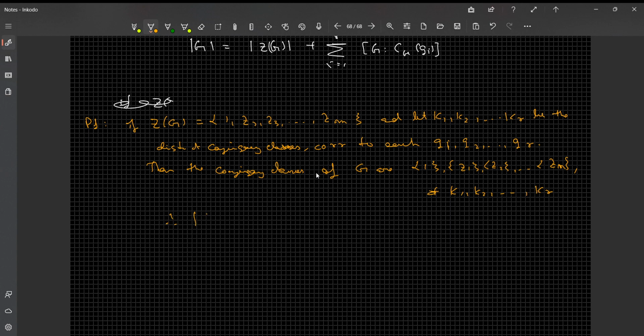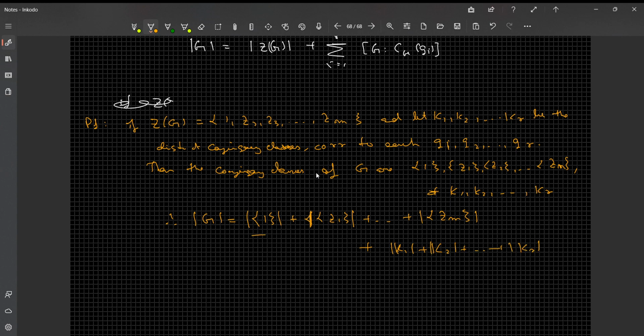So therefore G can be written as the cardinality of 1 plus the cardinality of the set Z1, and so on till the cardinality of the set Zm, plus the cardinality of K1 plus the cardinality of K2 and so on till Kr, right?